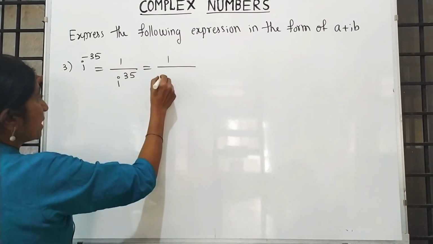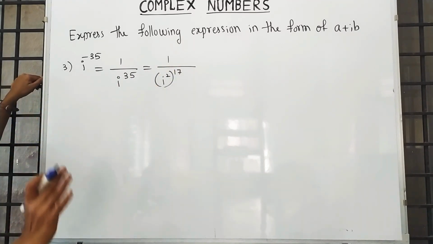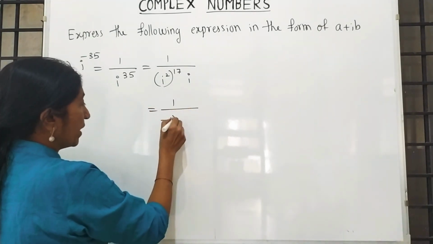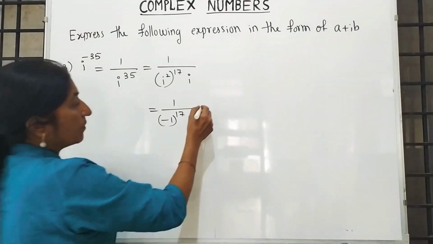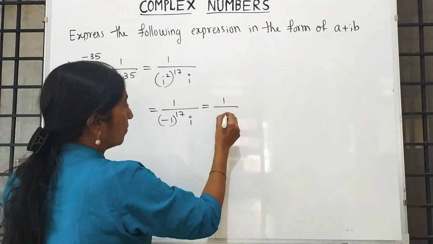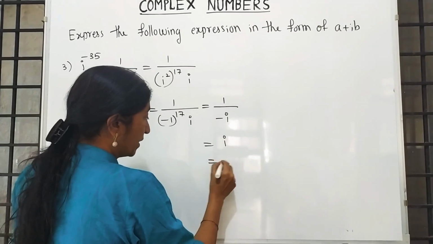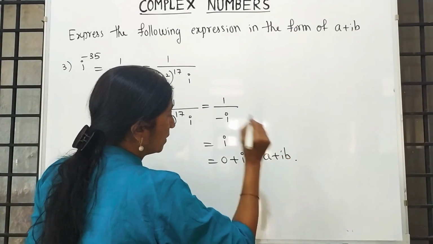It is splitting as i square raised to 17, because 17 2s are 34, 34 plus 1 is 35, and i square is minus 1. Already you are familiar. Minus 1 raised to odd number is minus. It is 1 upon minus i and we are familiar, 1 upon minus i is i. It is nothing but 0 plus i. So it is in the form of a plus ib.